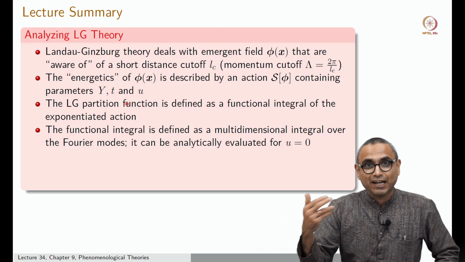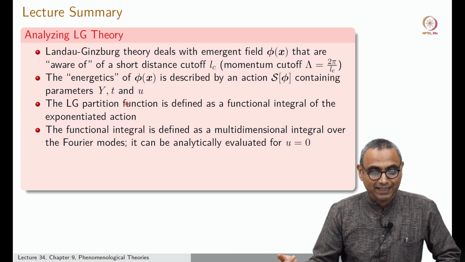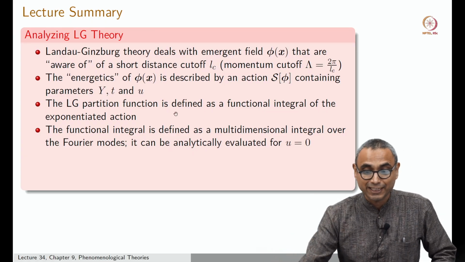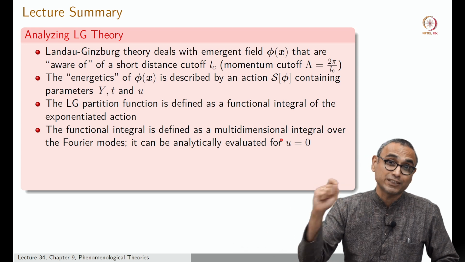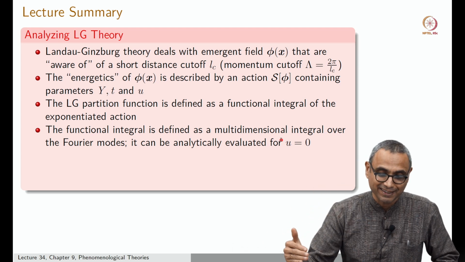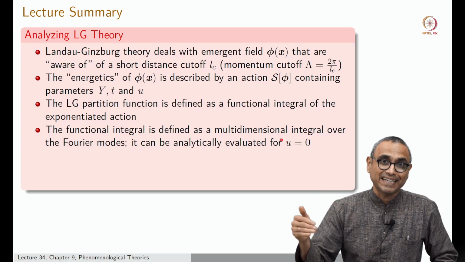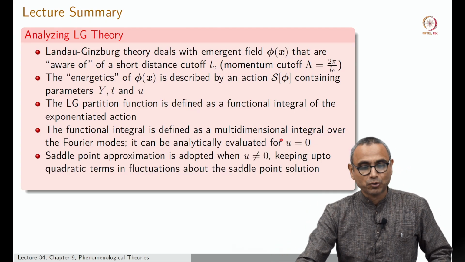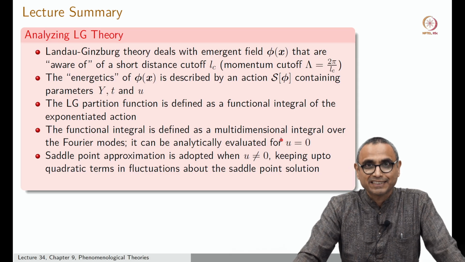That allowed me to compute the functional integral. Because I had set u equal to 0, each of those integrals turned out to be Gaussian integrals, and I was able to get the exact result for the Gaussian integral, and from there I was able to obtain the free energy when u was 0.